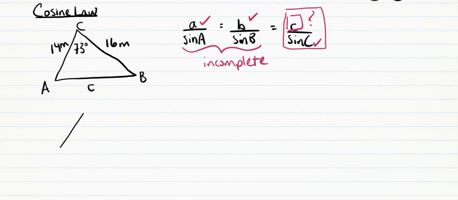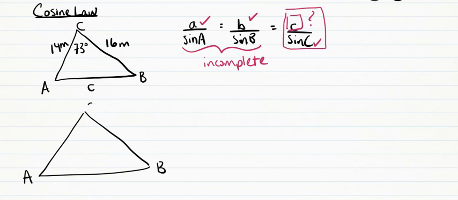So for the cosine law, if we have any triangle, let's label it ABC, and the side lengths are labeled opposite the matching angles. So this is side length a, this is side length b, and this is side length c. So for any triangle ABC, we have the following relationship. a squared is equal to b squared plus c squared.